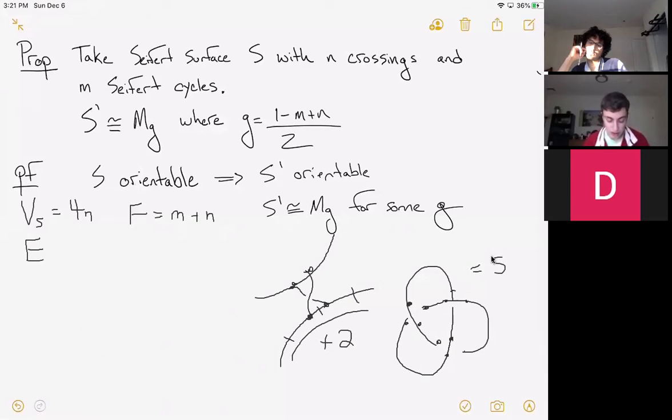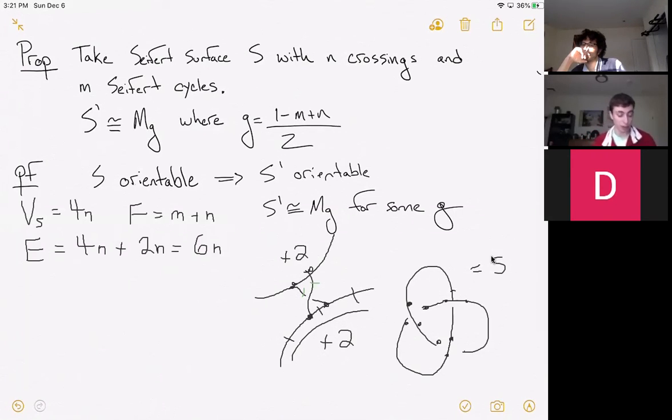And so this gives us that we have 2 edges over here and 2 edges over here, giving us a total of 4 edges that each half twist contributes. However, we're not done counting, as each half twist actually has 2 edges of its own, which I'll show you right here. So we count those as well. And that gives us that the number of edges is 6 times the number of crossings.